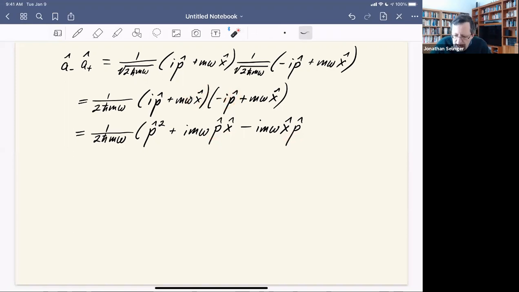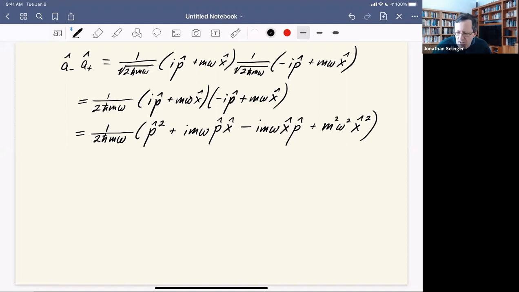And then the last term in here, this is m omega x hat, and here's another m omega x hat. So that gives us a plus m squared omega squared x hat squared, like that.